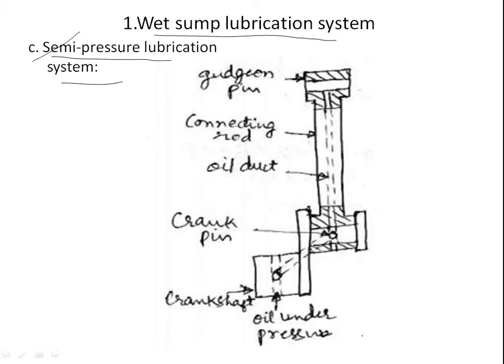In the semi pressure lubrication system, oil under pressure is sent to the main bearings only. The system is also incorporated with a splash system, which lubricates the big end and gudgeon pin bearings, cylinder walls, timing gears and camshaft bearings.